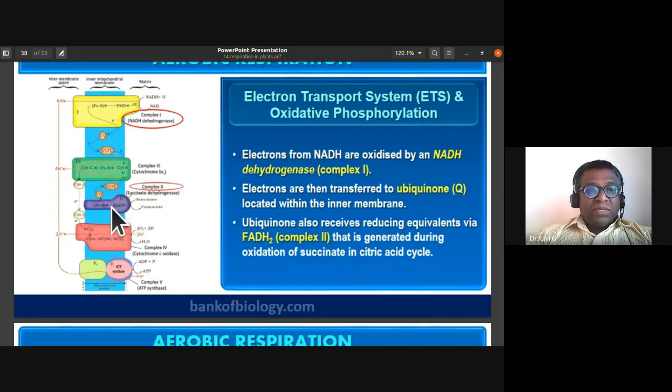So ubiquinone is also going to receive the electrons from the FADH2 of complex 2, which is generated during the oxidation of succinate in the citric acid cycle. That FADH2 reduces complex 2. The enzyme involved is succinate dehydrogenase.